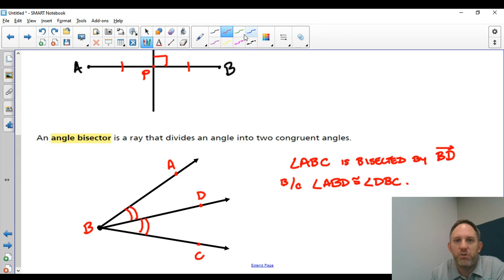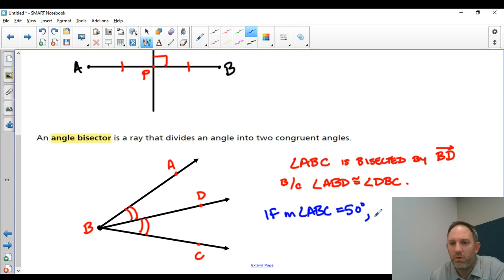And so if I wanted to put some numbers to these things, if the measure of angle ABC was, let's say, 50 degrees, then I could say that the measure of angle ABD and the measure of angle DBC would both equal 50 divided by 2, or 25 degrees.